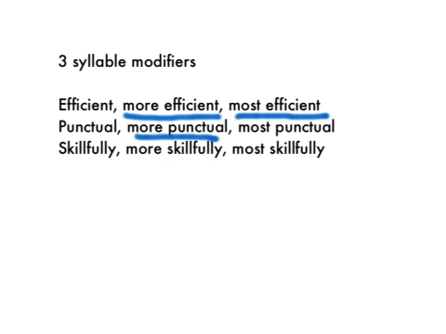Or of the entire group, she is the most punctual. Or take the adverb skillfully. He does that task more skillfully than the other boy, or she does that task most skillfully out of everybody.